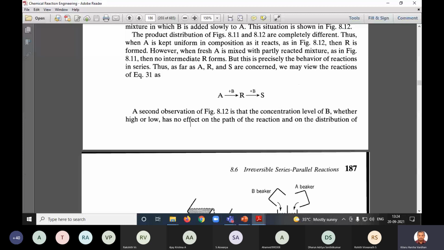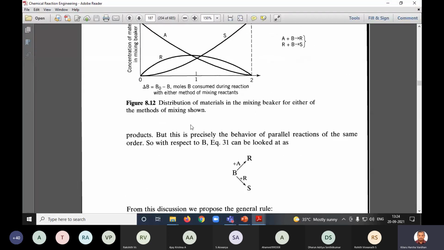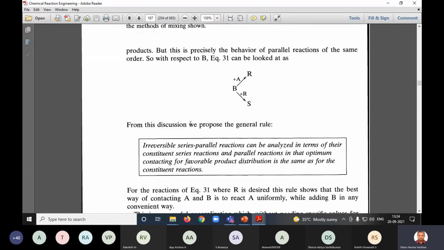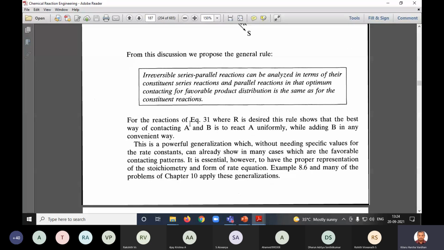Other than that, if you want to do a qualitative analysis for this, it becomes difficult quantitatively. So from this, what we discussed is that irreversible series-parallel reactions can be analyzed in terms of their constituent series reactions and parallel reactions, in that the optimum contacting for favorable product distribution is the same as for the constituent reactions.